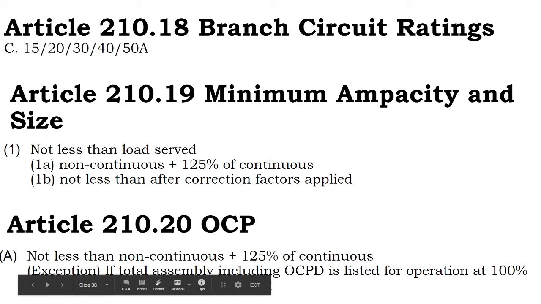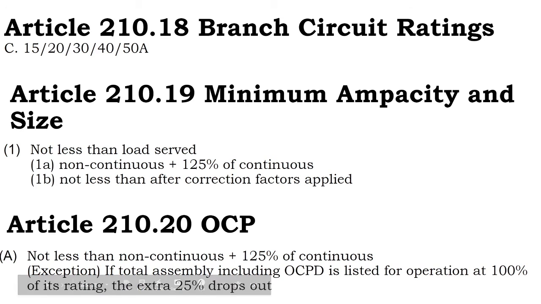In the interest of time, we're starting to get into some ampacity requirements. It can be rated for the non-continuous load and then 125% of the continuous load. Remember, if we're talking about ratings and amperage ratings, the non-continuous load is only on for a shorter period of time, whereas the continuous load is on for a longer period of time, and that's going to generate more heat inside those wires.